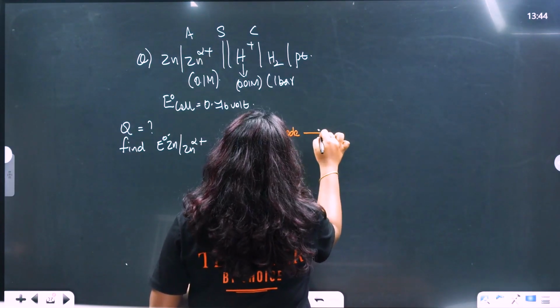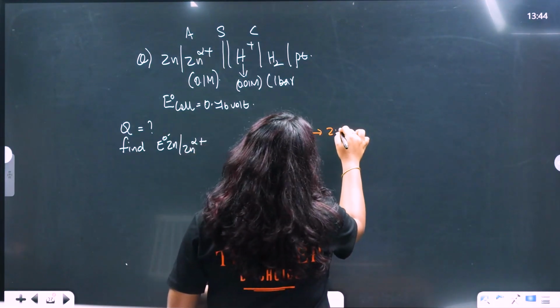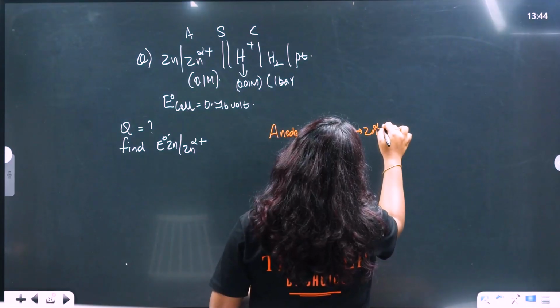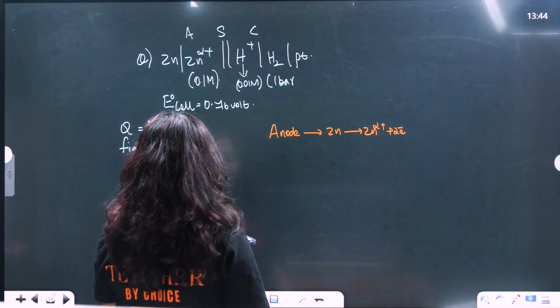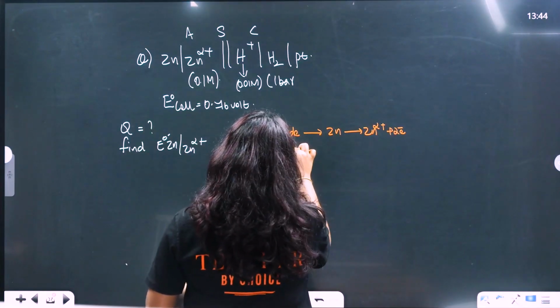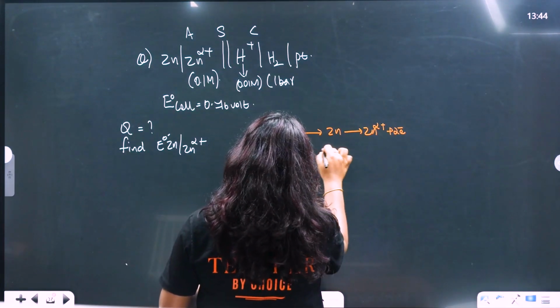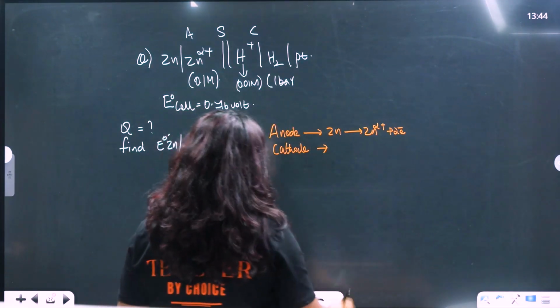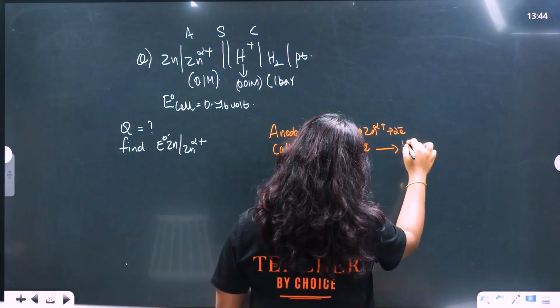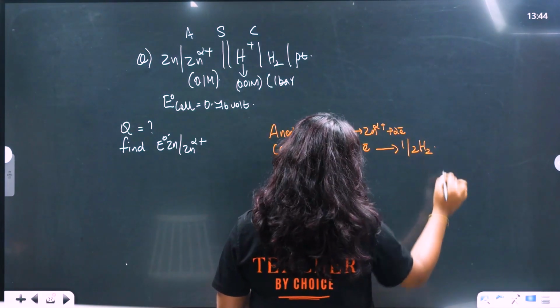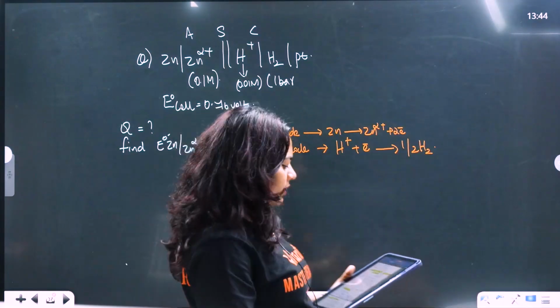Zn gives Zn2 plus plus 2 electrons. Am I correct? Now at the cathode, with the hydrogen reference electrode, what will be the reaction? Hydrogen plus, they accept one electron and form half H2. Am I correct?